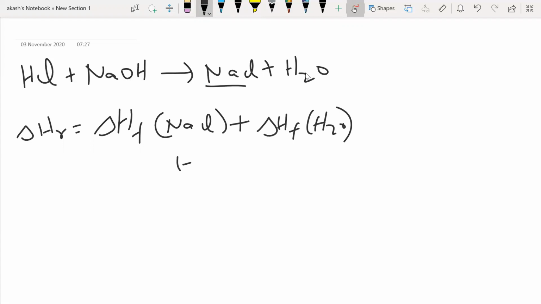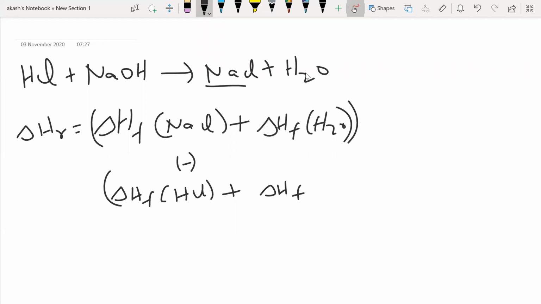So now when I go back to my reactants, minus, I have to put a minus sign. Then I have HCl and NaOH. So delta HF of HCl plus, again, this is overall, plus delta HF of what is remaining? NaOH is what is remaining. Very, very simple, isn't it?